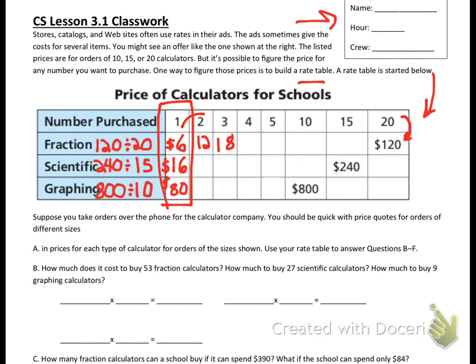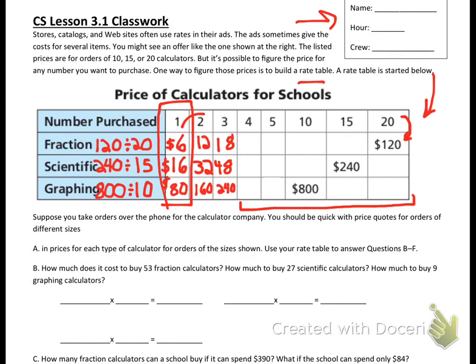And for the scientific calculator, I do 2 times 16, which gives me 32, and 3 times 16, which gives me 48, and so on. And if I do 2 times 80, I get 160. And 3 times 80 gives me 240, and so on. Go ahead and pause this video and fill out the rest of this table before we begin.